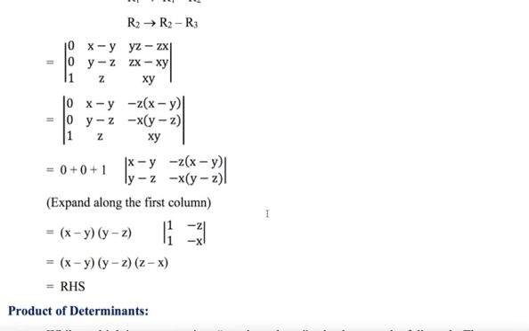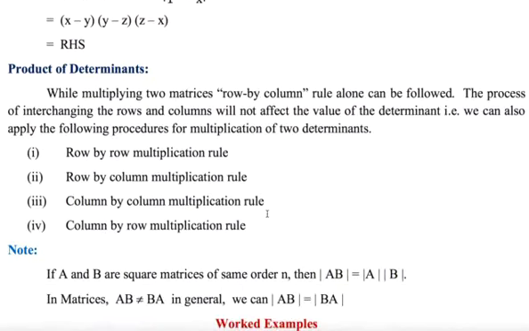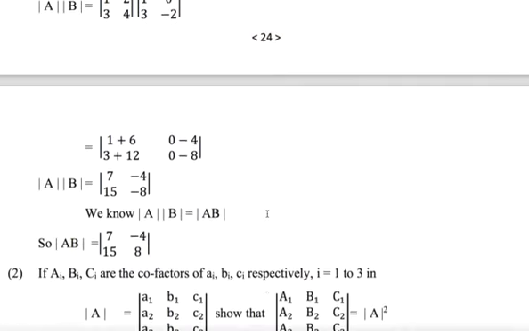Expand along the first column. x minus y, the common element of the first column, can be taken out. y minus z, the common element in the second row, can be taken out. So we get x minus y, y minus z, z minus x.